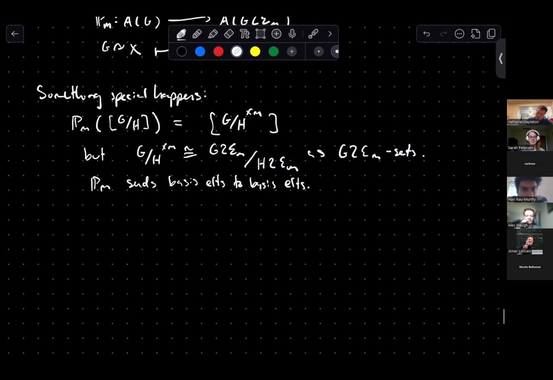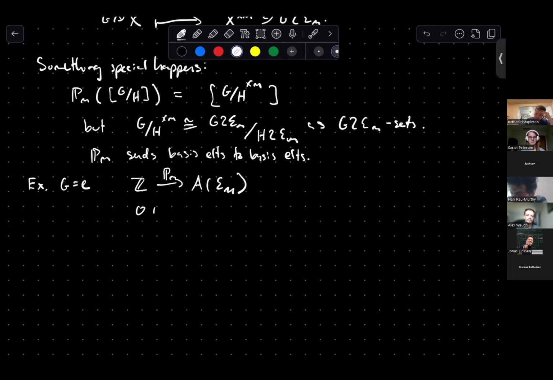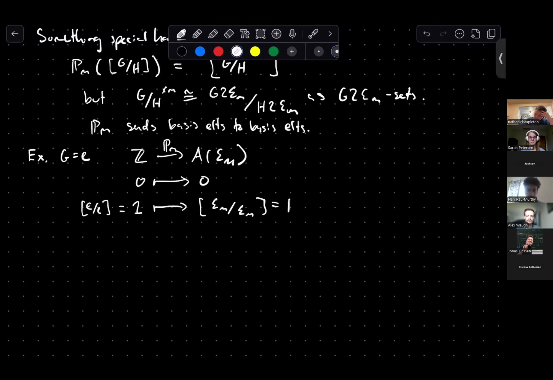I want to try and get a more in-depth understanding of what's going on by looking at the case of the trivial group. So let's just consider the trivial group for a second. In this case, our power operation PM goes from Z to A of sigma M. 0 goes to 0. 1, which is E mod E, goes to sigma M mod sigma M, which is 1 on this side.